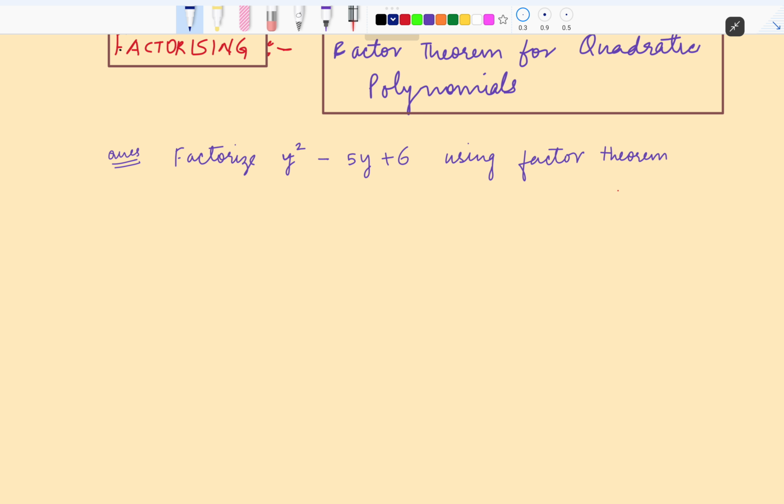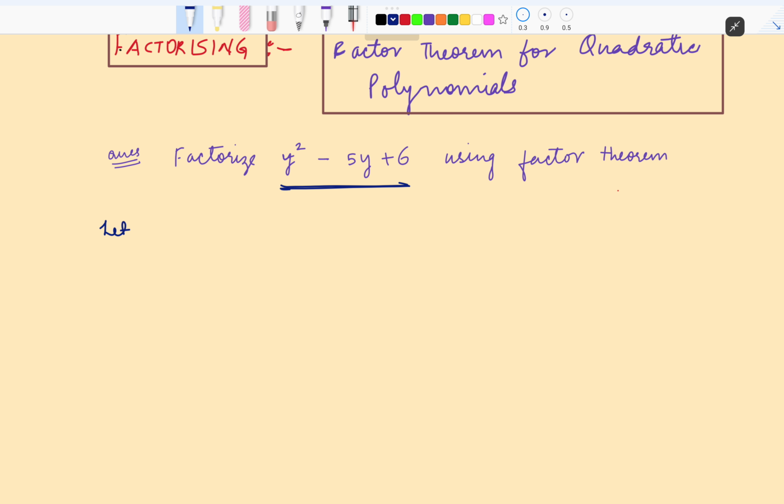Okay? अब देखो, factor theorem के हिसाब से this polynomial has a degree of 2, so it should have 2 factors. Correct? If it has 2 factors, it will have 2 zeros, right?